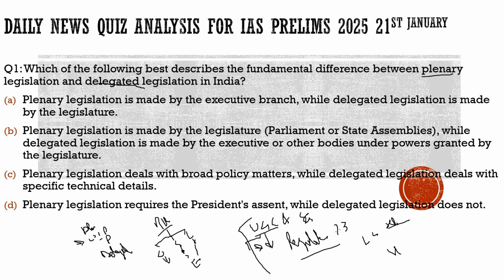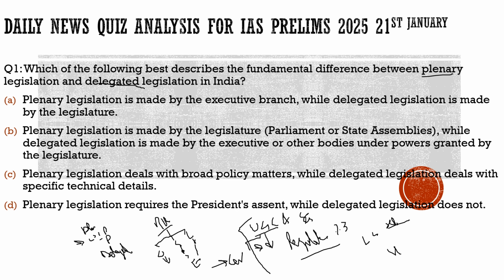Suppose the state government forms a law with respect to education, and the central government forms a law with respect to education, and both laws contradict each other, whose law will prevail? Whose law will supersede? Will the center's law supersede or the state's law? Definitely it is the center's law that will supersede.